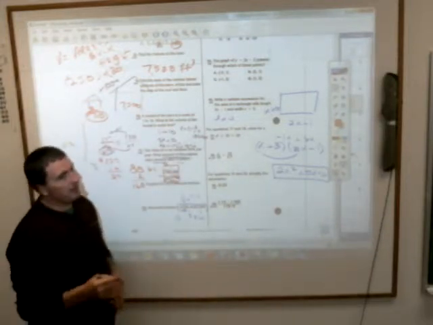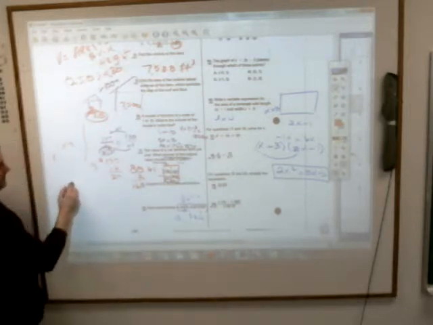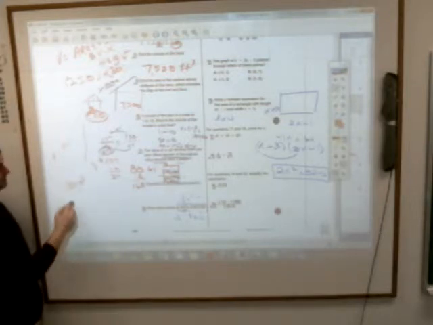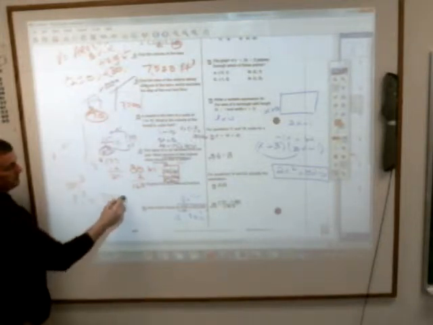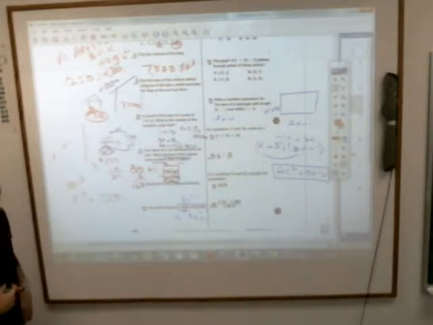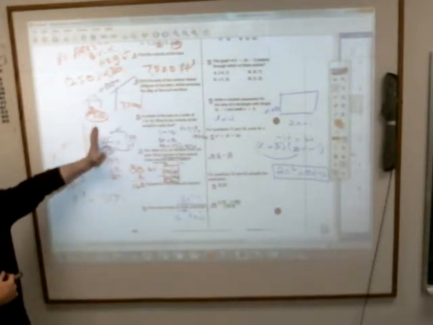Anytime you talk about volume with regards to scale factor, you have to take that scale factor and cube it. So you take that 10 and cube it, and that's where 1,000 comes from. 10 times 10 times 10 is 1,000, which means whatever the model is, you multiply by 1,000 for the volume of the new one.